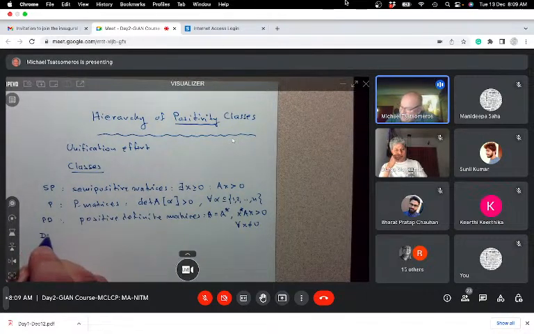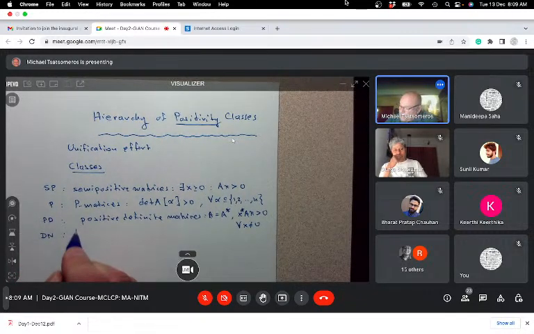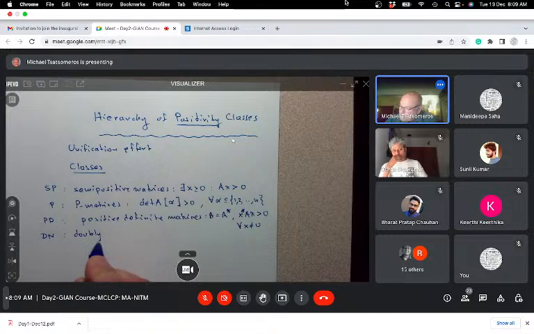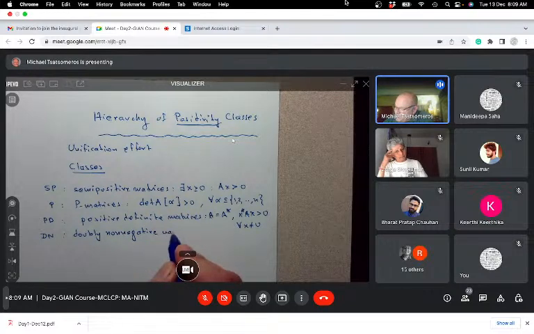Another good class are the doubly non-negative matrices. You won't be required to memorize all of them. We'll just work with a few. So what are these? These are doubly non-negative matrices.